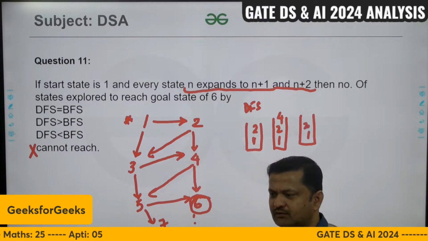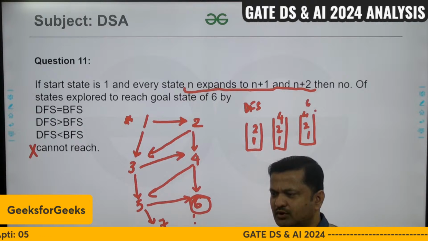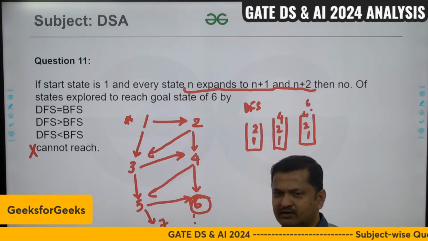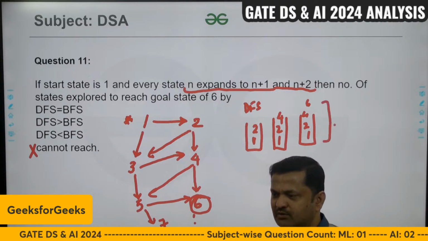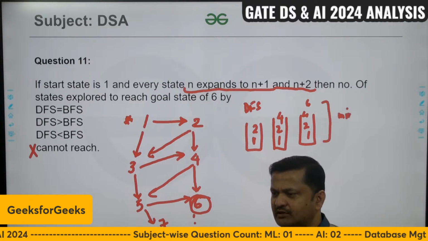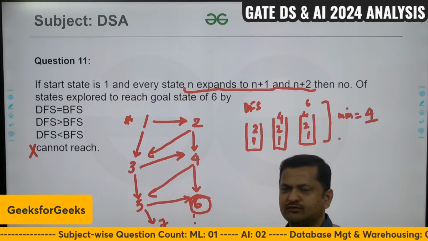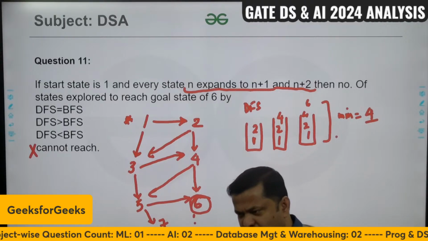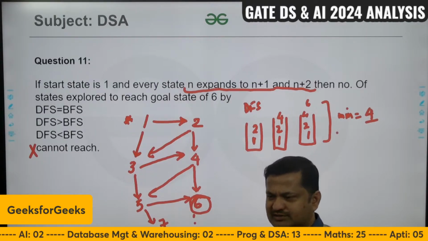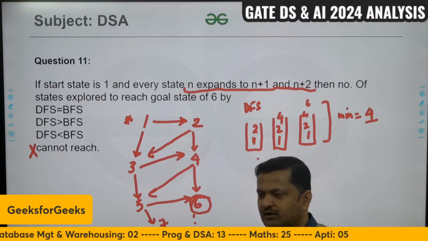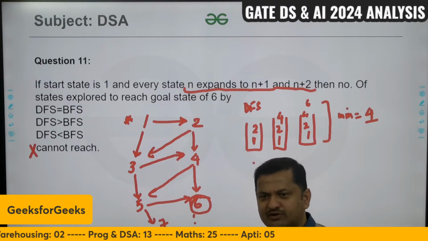So it is 1, 2, 4 and 6. In this case, if I start the DFS, the minimum number of states to be visited to reach node 6, including 6, is 4.